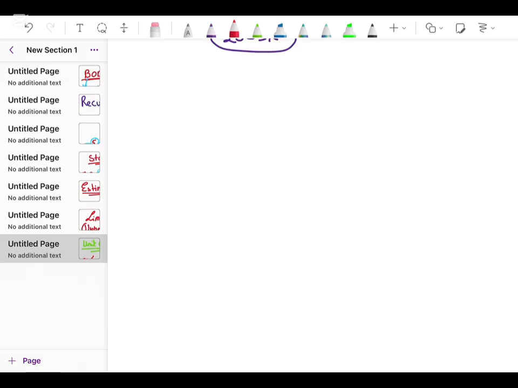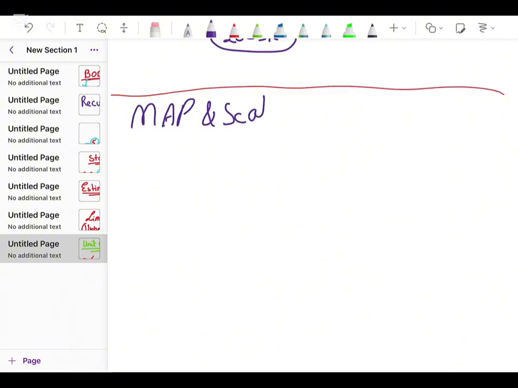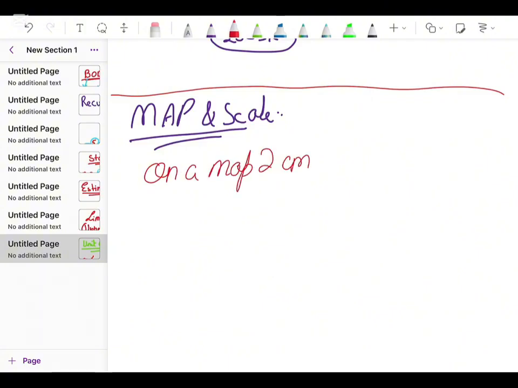For example, the question is, on a map 2 centimeter represent 5 kilometer.